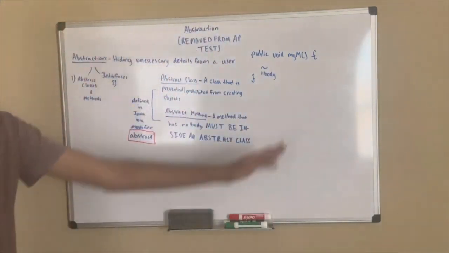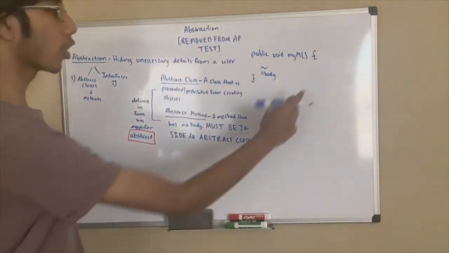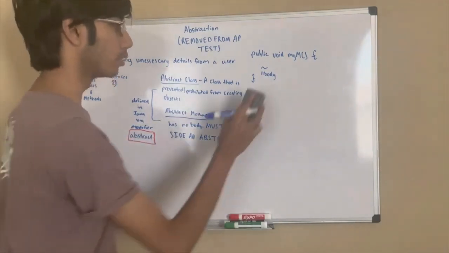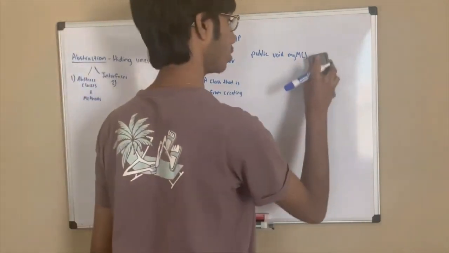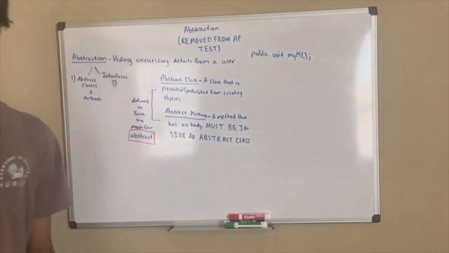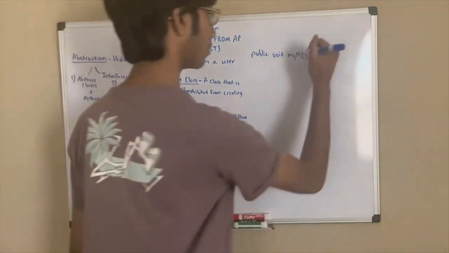However, abstract methods do not have a body. They don't have curly braces and they don't have anything inside the curly braces. An abstract method is just ended with a semicolon. That's it. It's just ended with the semicolon. There's no body to it.